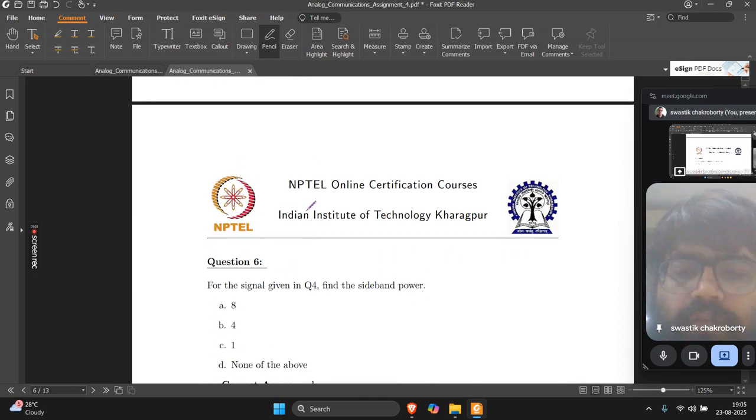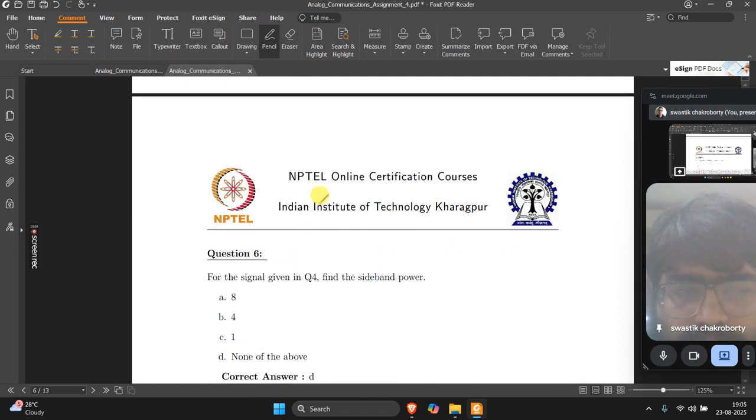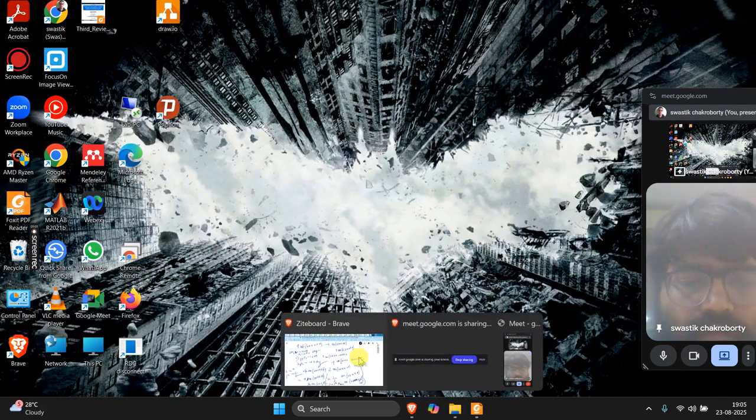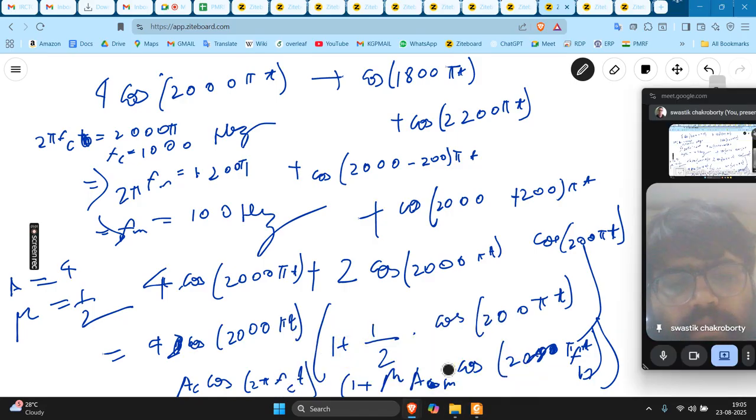Next, in the same signal, now find the sideband power. Sideband power means the power content in this part.